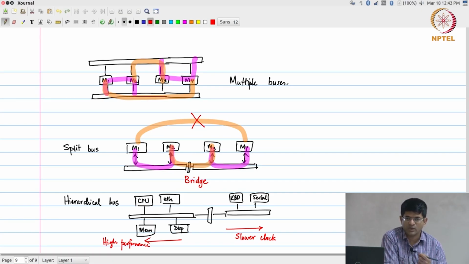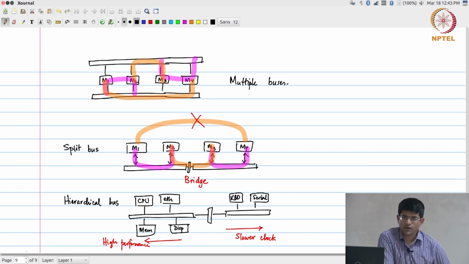Unless there is at least one master on each of those splits, it doesn't allow you to increase the bandwidth of the bus. But in a case like this, it might not really be about increasing the bandwidth, it might just be about separating it out and preventing the bus from being locked up by somebody. So all of these are different architectures, different structures that can be used to implement the basic topology of a bus.